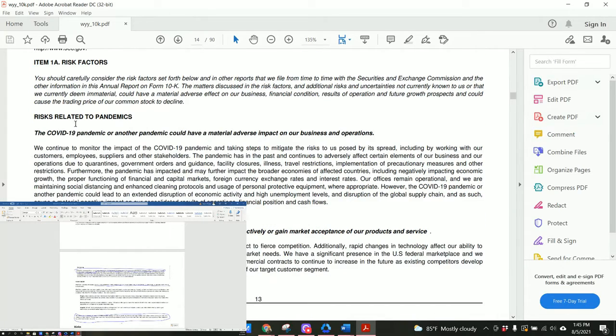COVID pandemic. You see there's risk in a lot of the risk factor sections now. Every time we get to this section with one of our masterclass students, I always say the same thing: these are quite boring to read. Typically for most businesses, they're pretty much word for word the same.